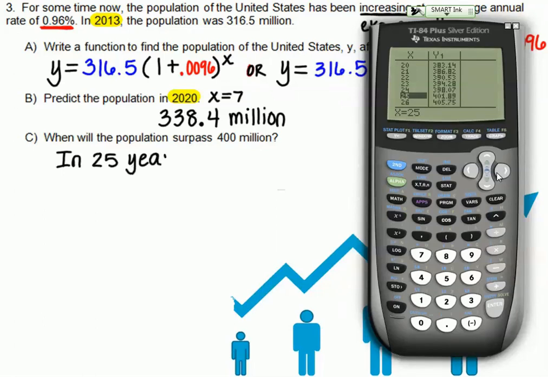And notice that our starting year was 2013. So if we take 2013 and add on 25 years, that would mean the population surpasses 400 million in 2038.